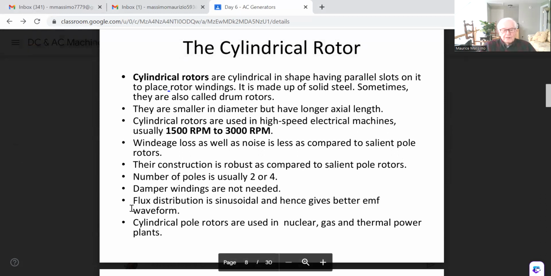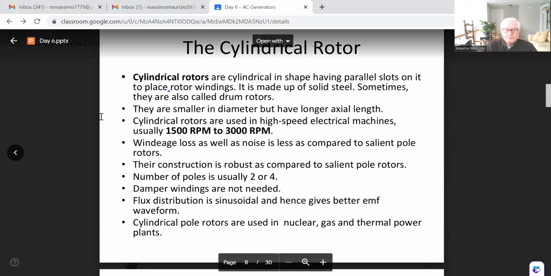Okay, so there is flux distortion, and it's sinusoidal. Sorry, the flux is distributed actually to give you a better EMF waveform. The cylindrical pole rotors are used mainly in nuclear, gas, and thermal power plants. Okay, so I suspect probably you have similar types used in your atomic subs.